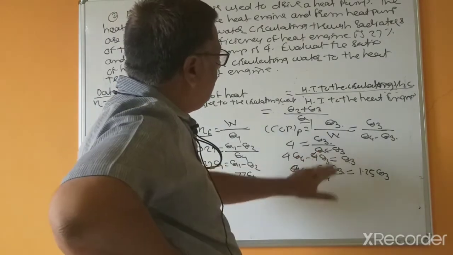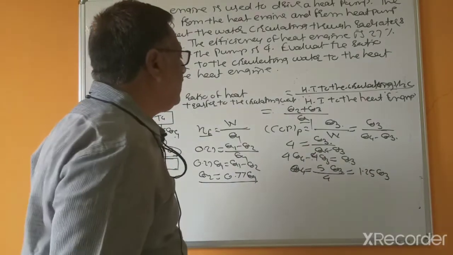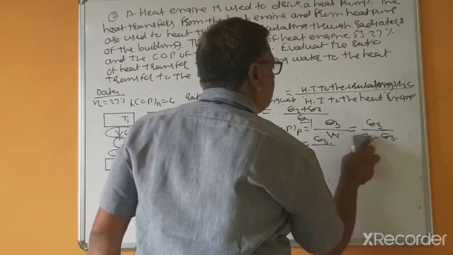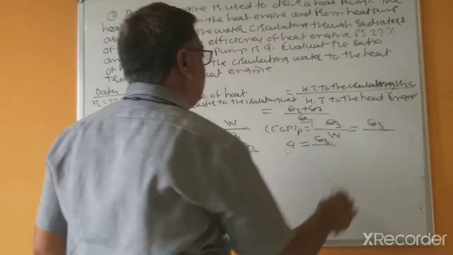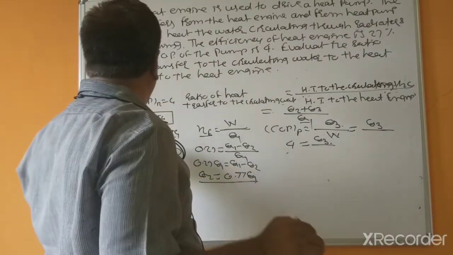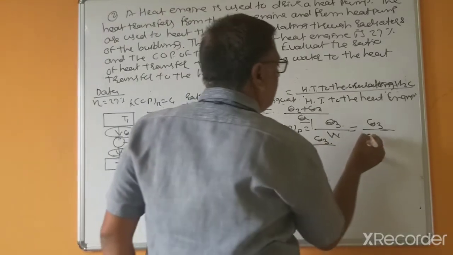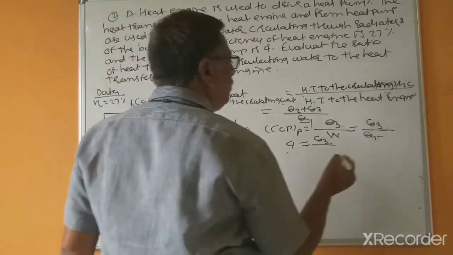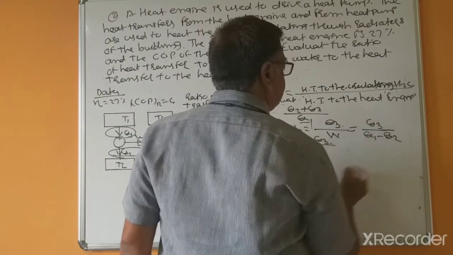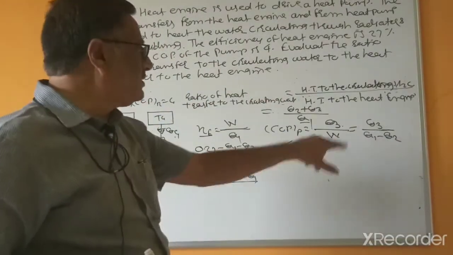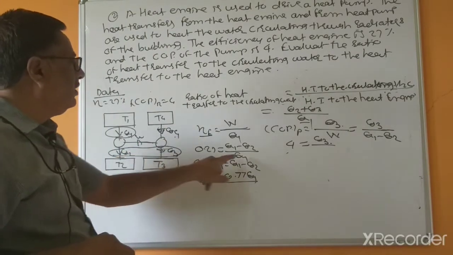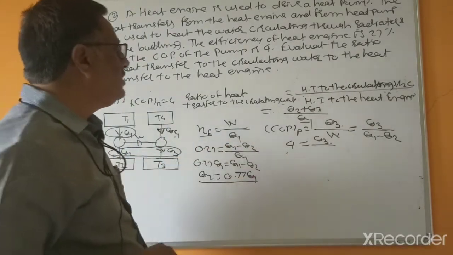So instead of Q4 minus Q3, we can directly write, because the same work is done, the work done equals Q1 minus Q2. Are you getting this? Why is this Q1? Because the same work is done, so we can write work done equals Q1 minus Q2.